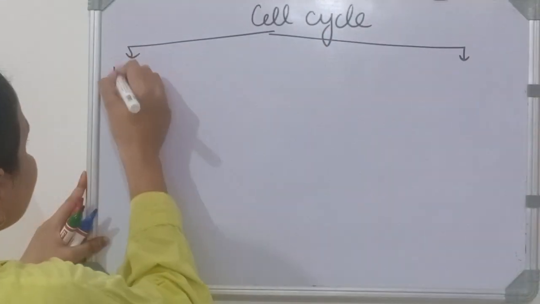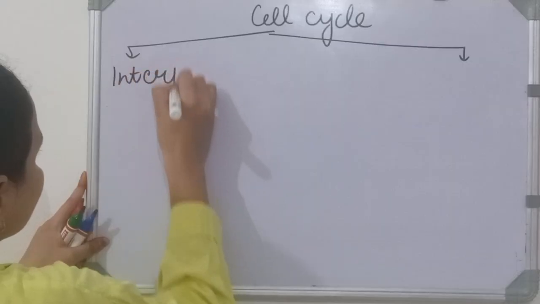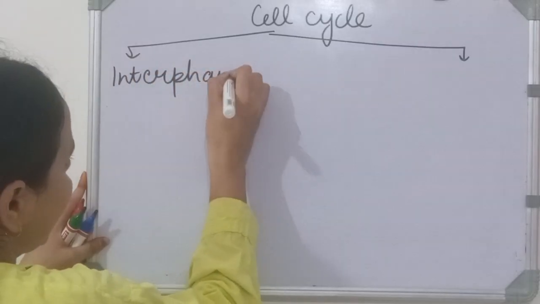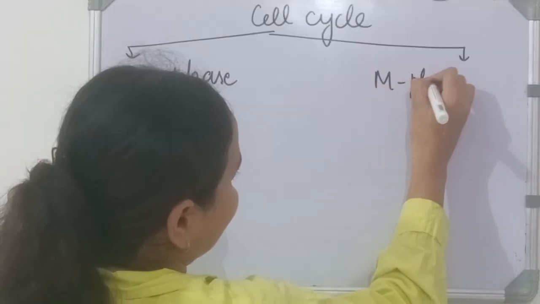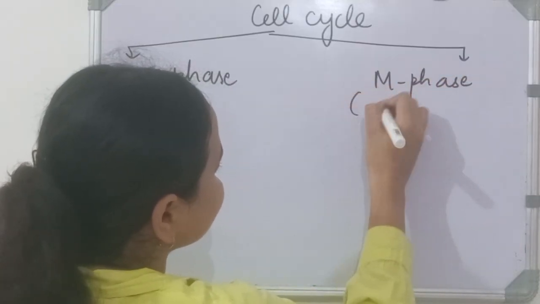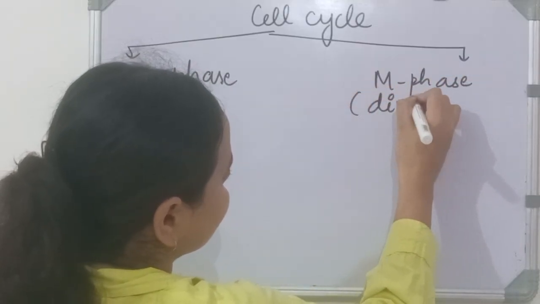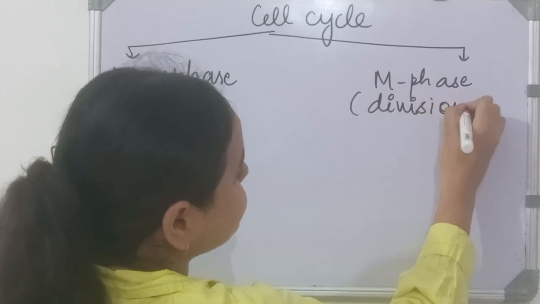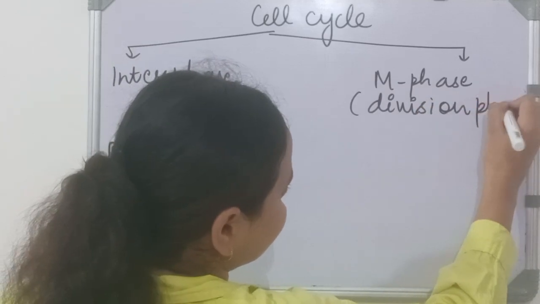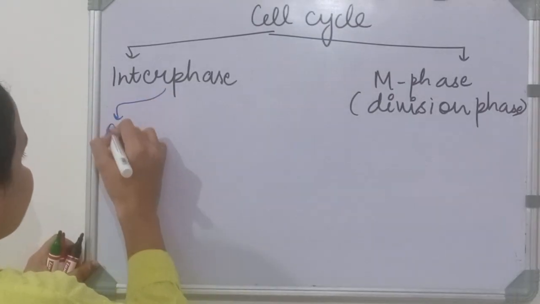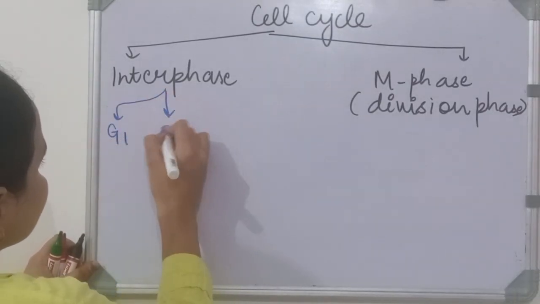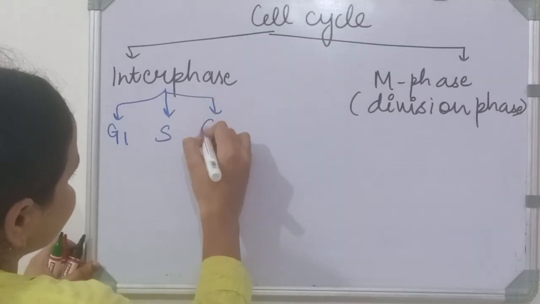Okay, interphase and M phase, which is known as division phase, which is actually the division phase. So this interphase stage was divided into G1, S and G2 stages.